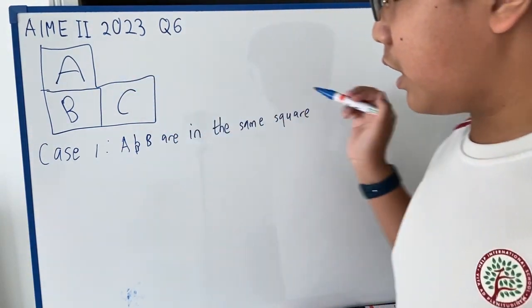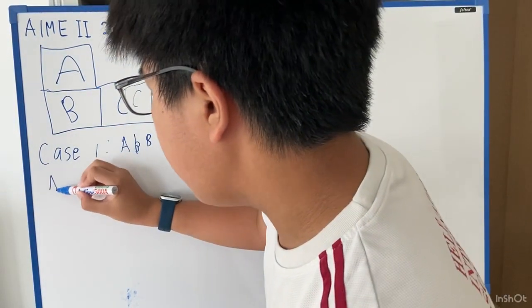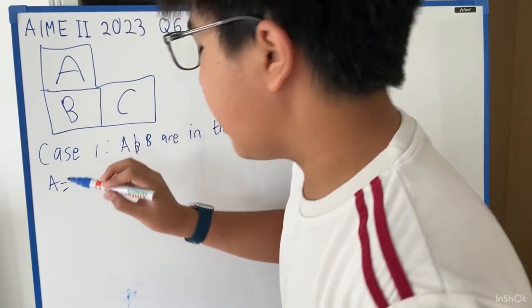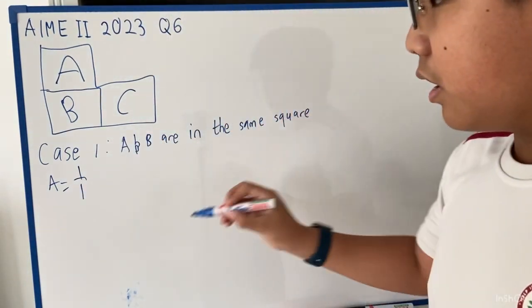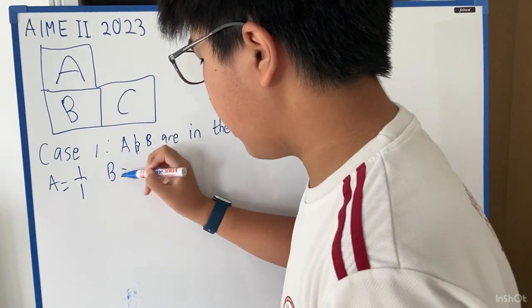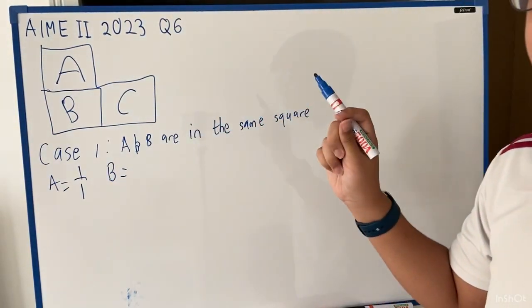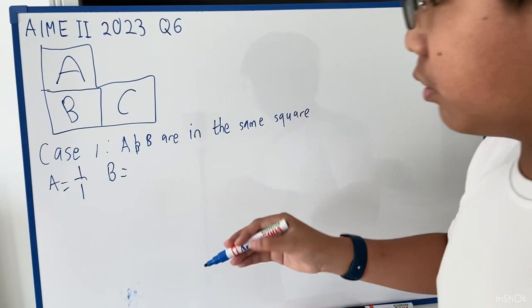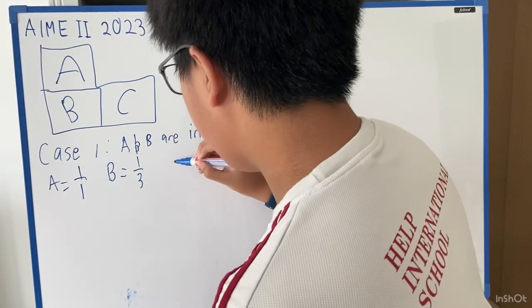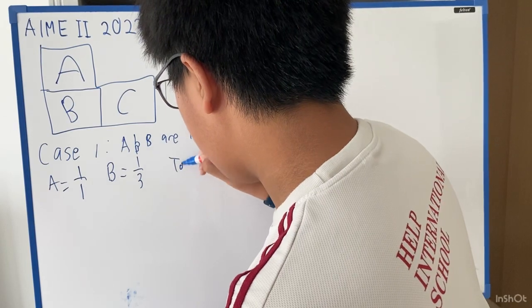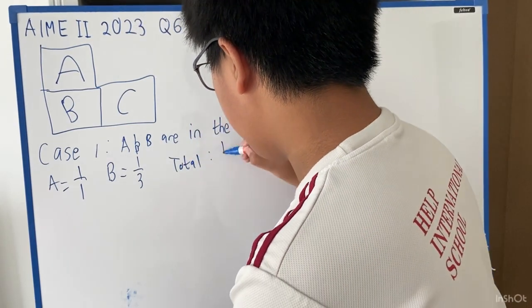A can go to any of the squares, so it's a 1 in 1 chance for A. And B must go in the same square, so there's only one possible square of the 3 squares, so B has a 1 in 3 chance. Therefore the chance for this case is 1 over 3.